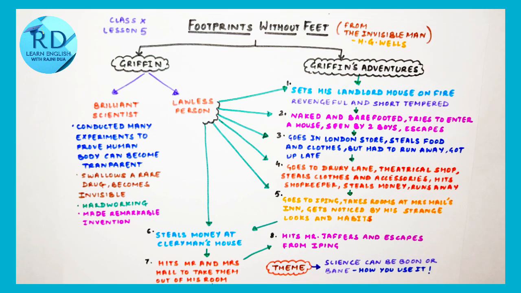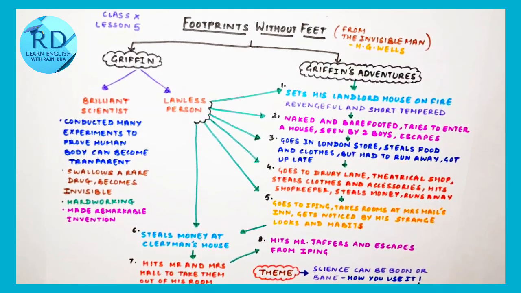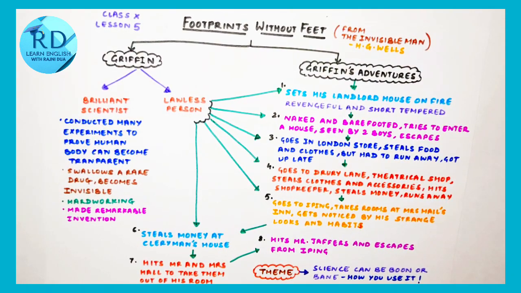She now wanted to ask Griffin what he had done to her furniture and how he appeared from the same room which was locked, and how he was giving that money. Everybody in the village also thought that this scientist had to do with the burglary at the clergyman's place.